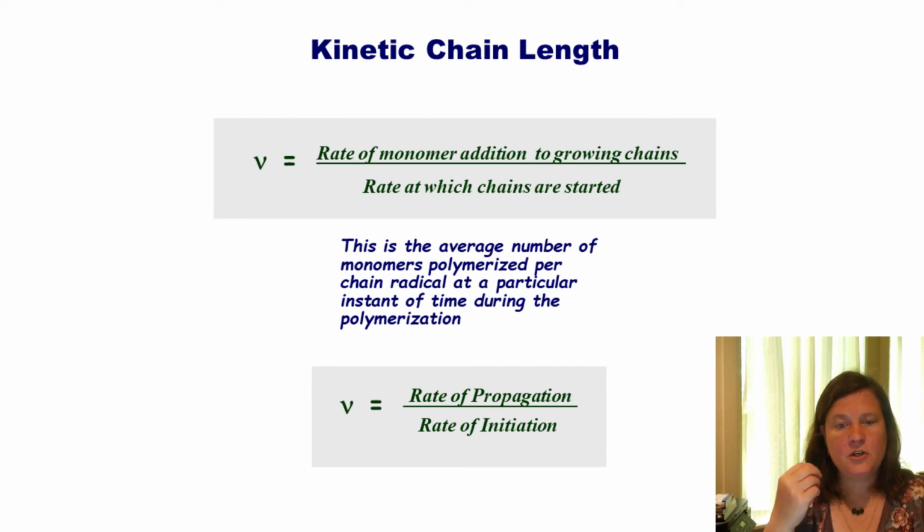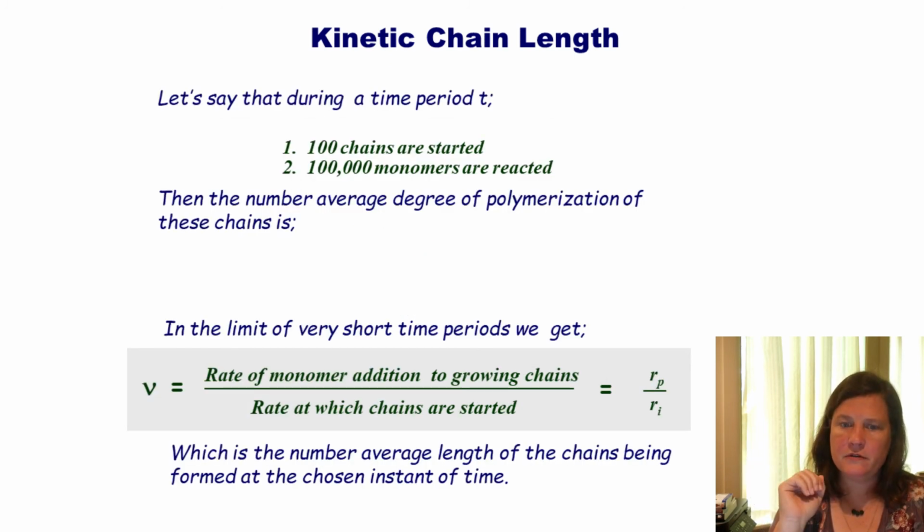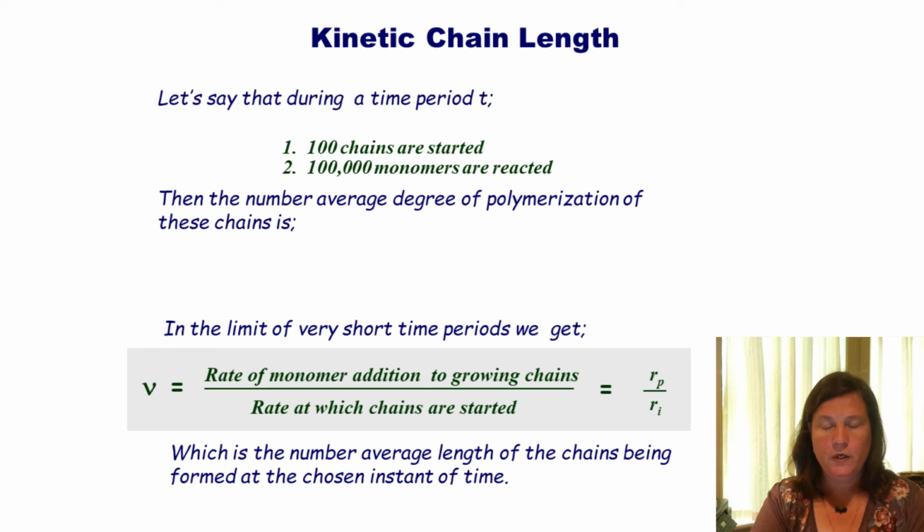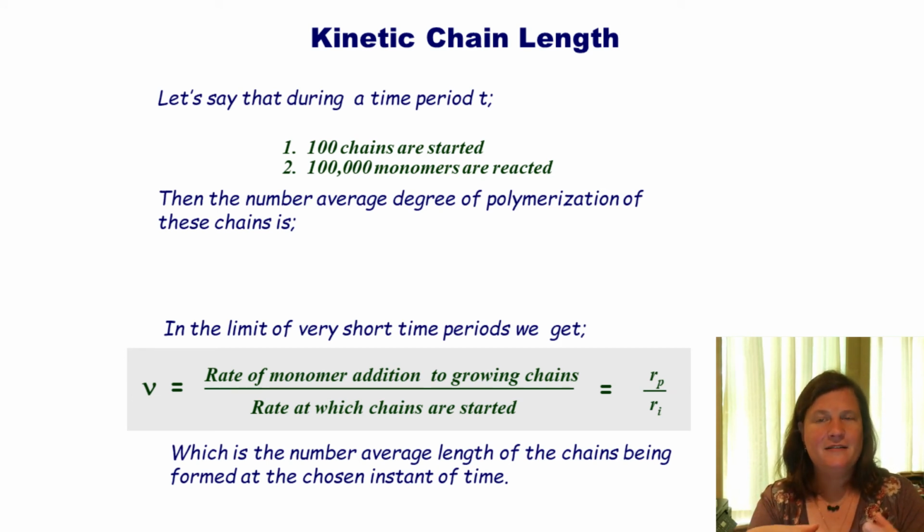So the kinetic chain length, let's think about it a different way. If I've started 100 chains and I've polymerized 100,000 monomers, what's the number average degree of polymerization? The number average degree of polymerization is 1,000. And it's easy to think about it as how many monomers have reacted, how many chains are started.